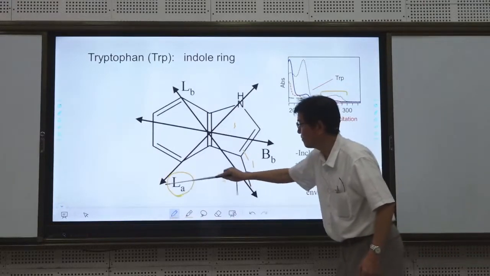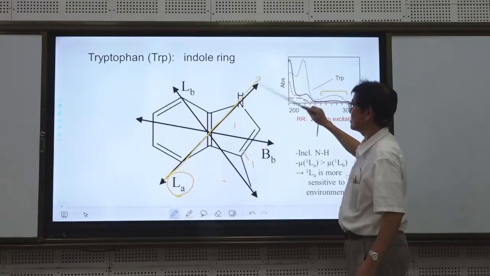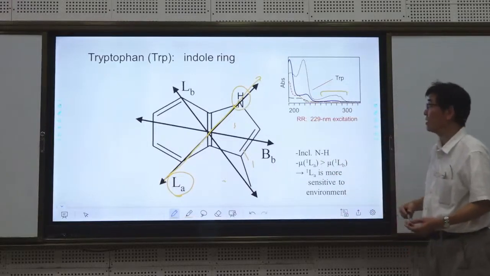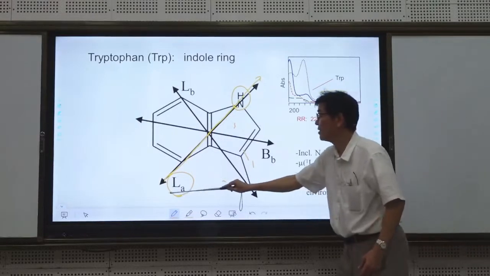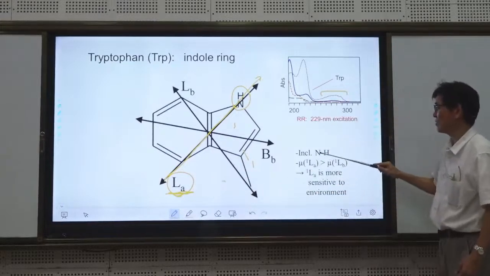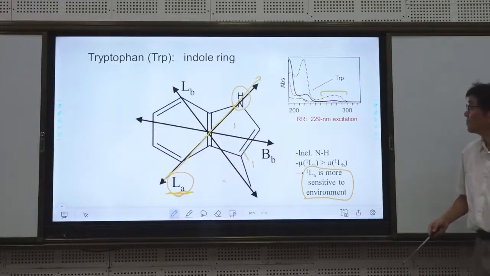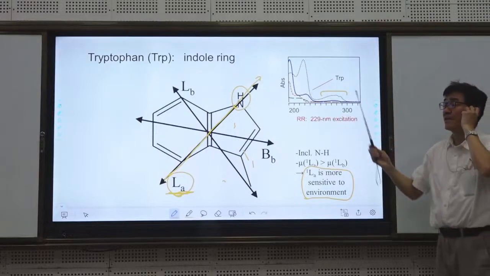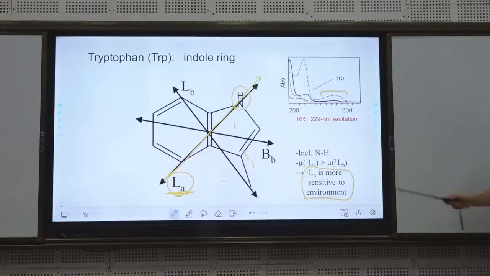And LA transition moment is sensitive to the condition of the NH hydrogen bonding. So the Raman band that resonates to LA mode is sensitive to the environment. Okay, this is the principle why some peaks are sensitive to the environment or structural change.